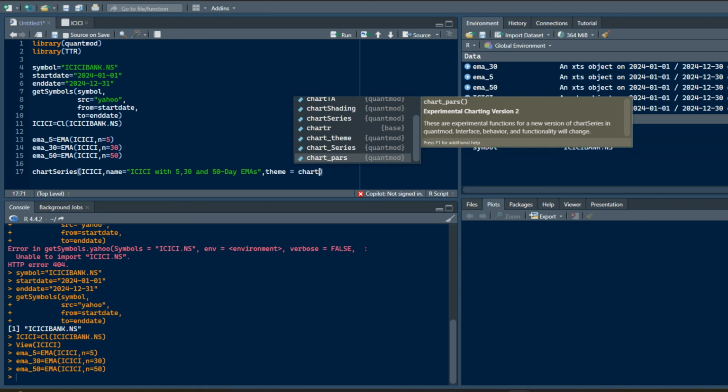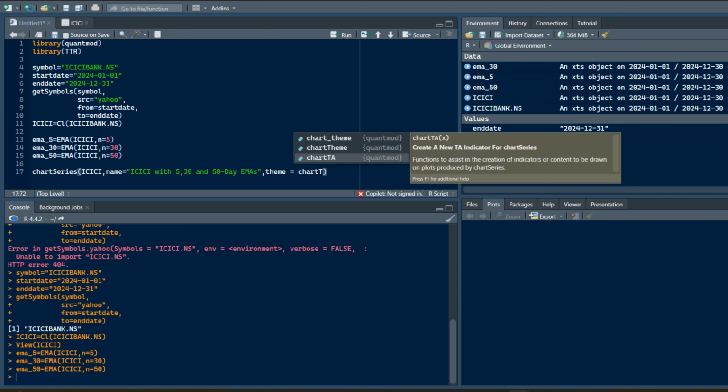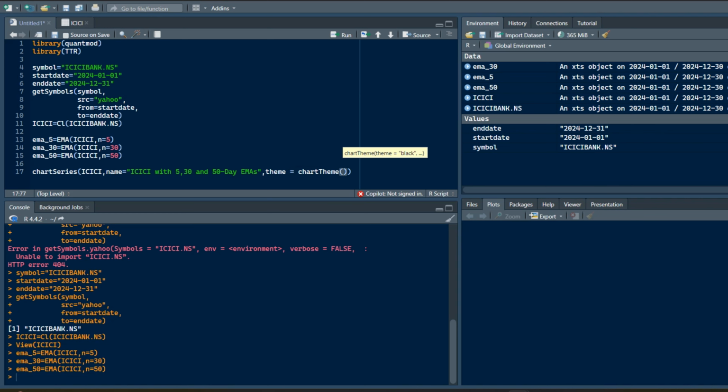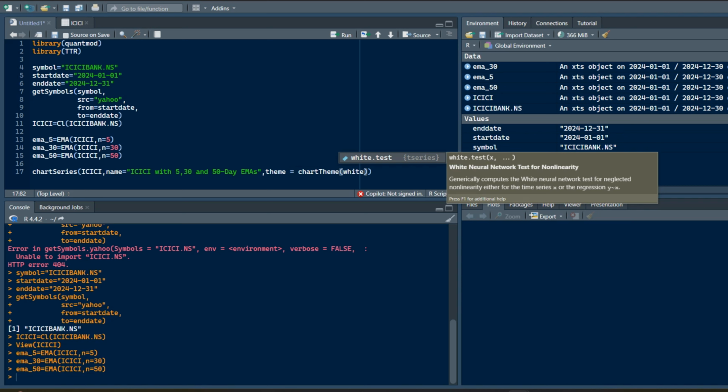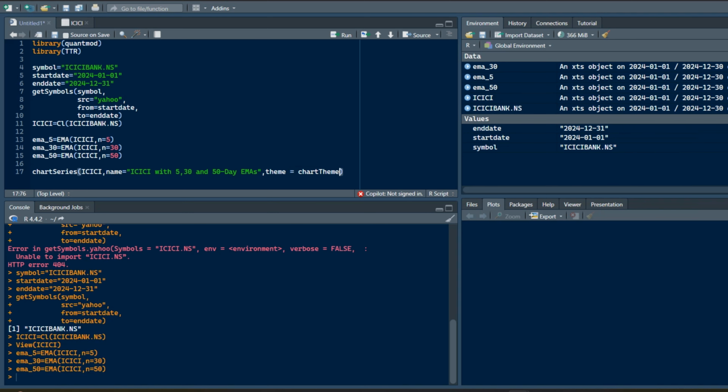We are using capital chartTheme of quantmod package, white color. I have mentioned it in double quotes, chart theme equal to white base. So this is my chart series.